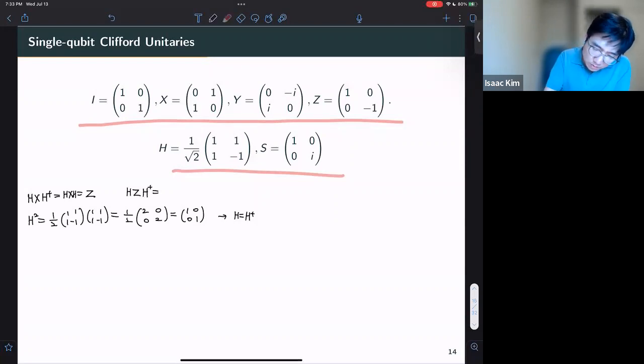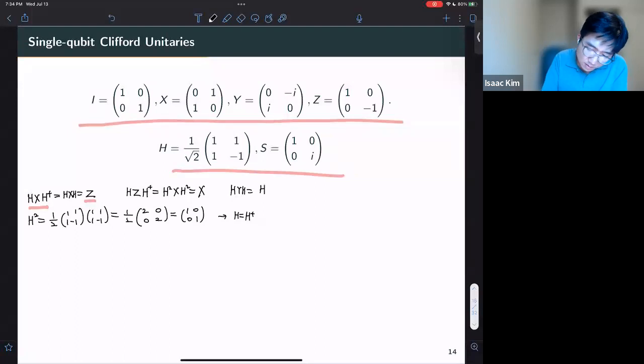Well, notice in this part, I'm going to just multiply H on here and here. So this is going to be H squared X H squared, which is X. So again, this is good. What about H Y H?